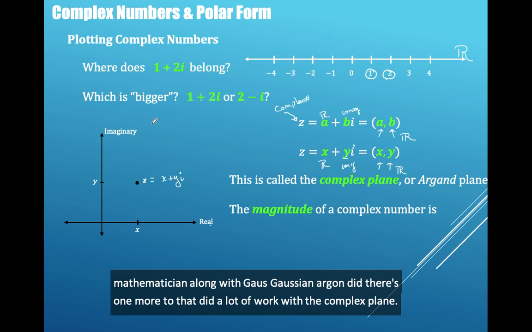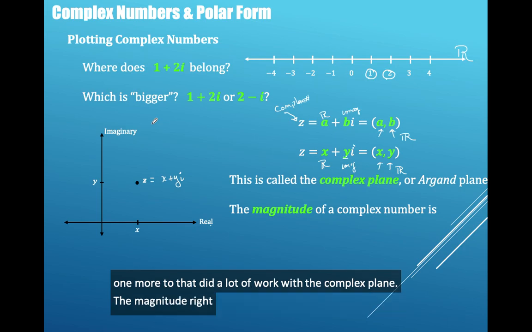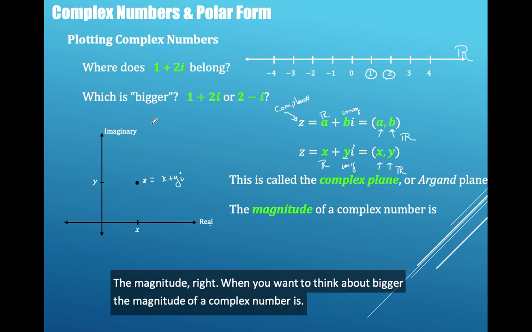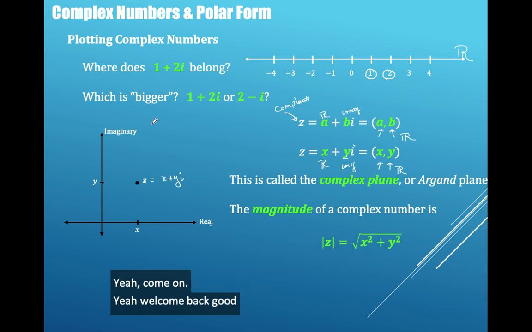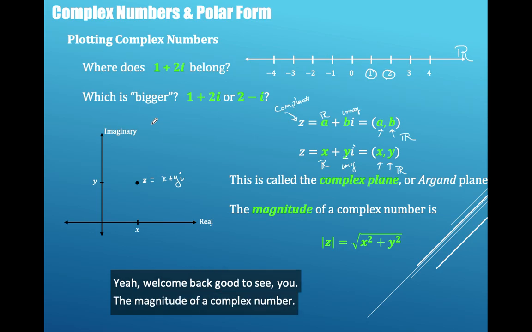The magnitude, right, when you want to think about bigger, the magnitude of a complex number is, Ah, Pythagoras, welcome back, good to see you. The magnitude of a complex number is Pythagoras. It's the distance from the origin.